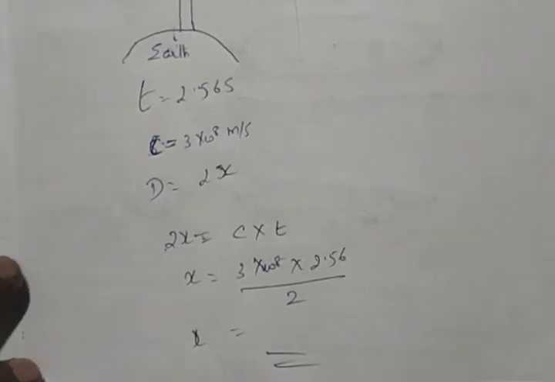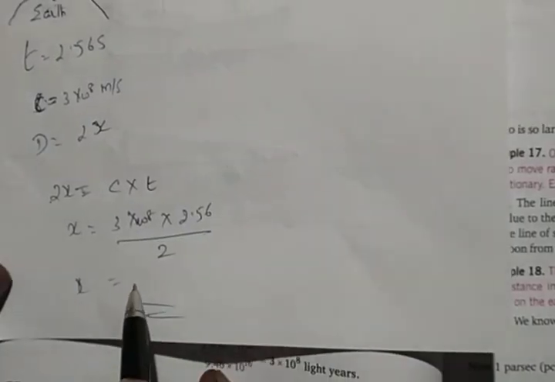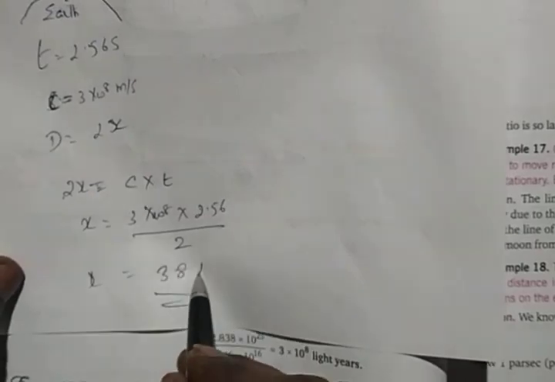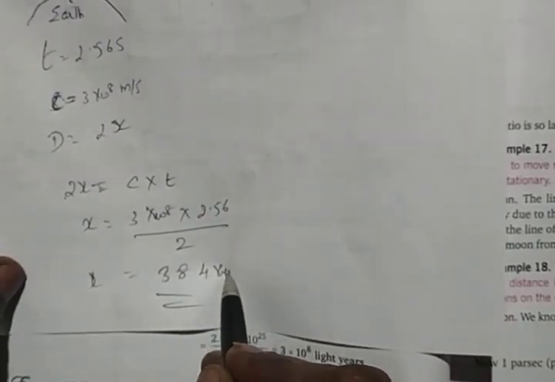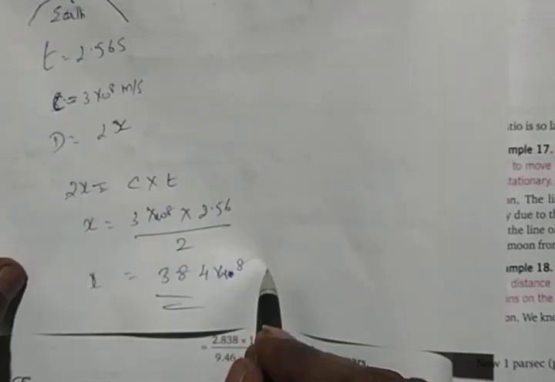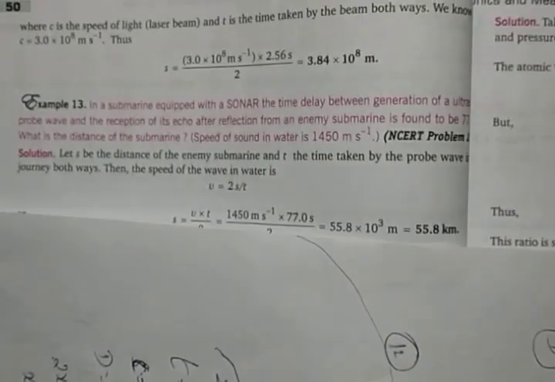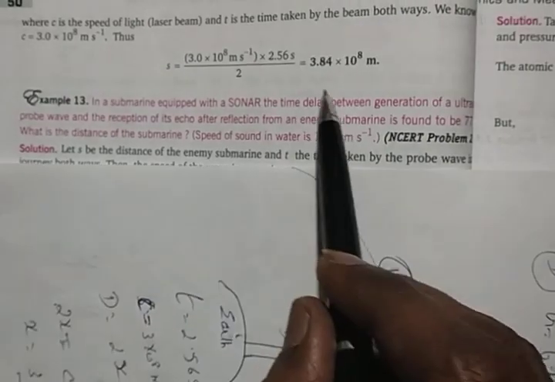After calculation, it is 3.84 into 10 to the power of 8 meters. So that's the value which you find here. The same value is given here also in the book: 3.84 into 10 to the power of 8 meters.